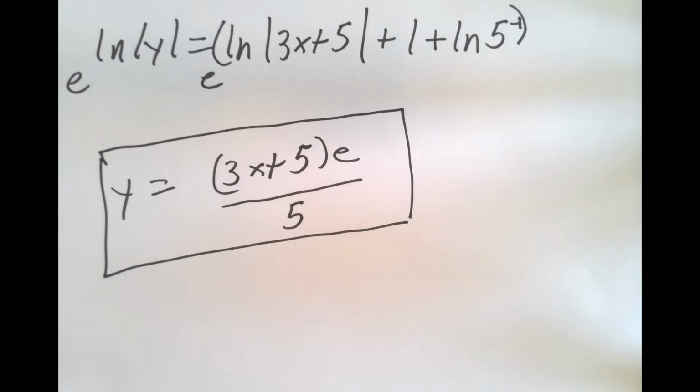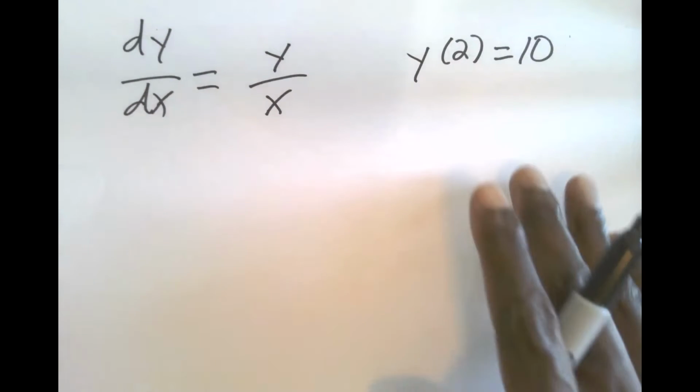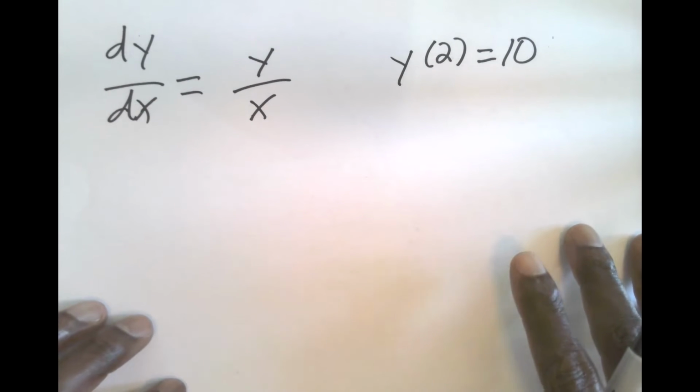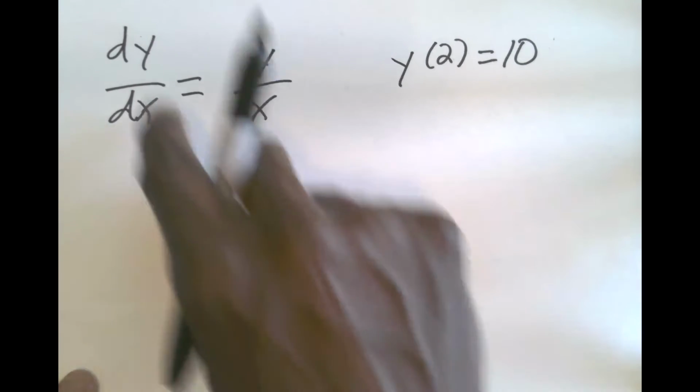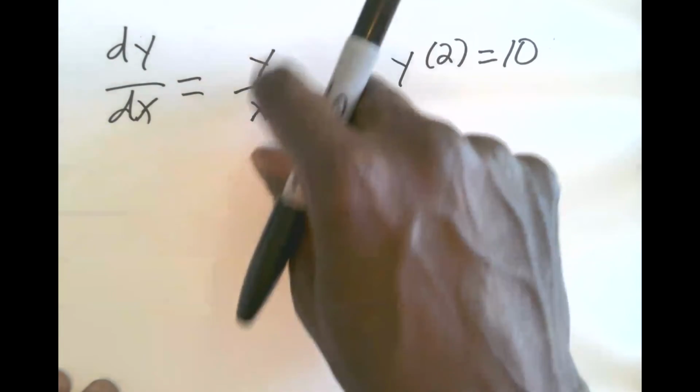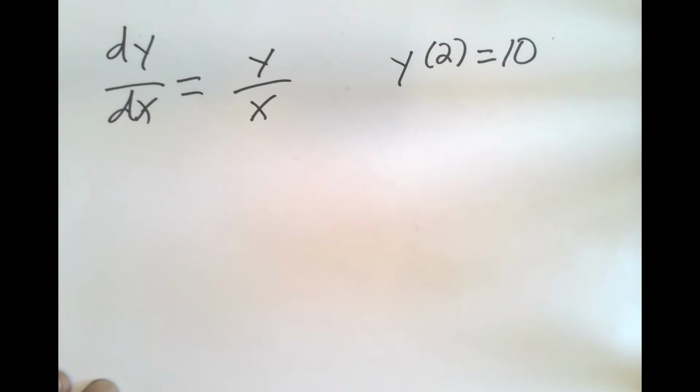All right. Why stop now? Let's keep going. So my next example, there we go. dy by dx equals y over x, and y of 2 equals 10.